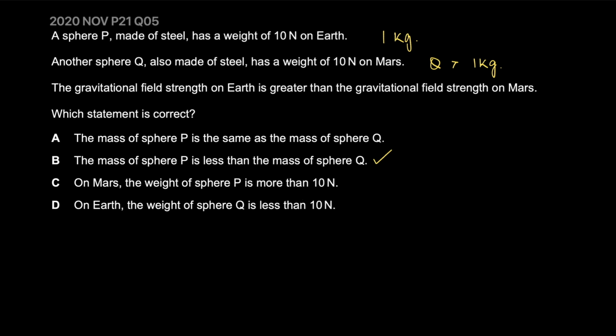So I'm happy with C being wrong, and I think D is wrong as well. On Earth, the weight of sphere Q is less than 10. Same argument, right? It's just the reverse. So that's also wrong. So I'm happy with B being the answer.